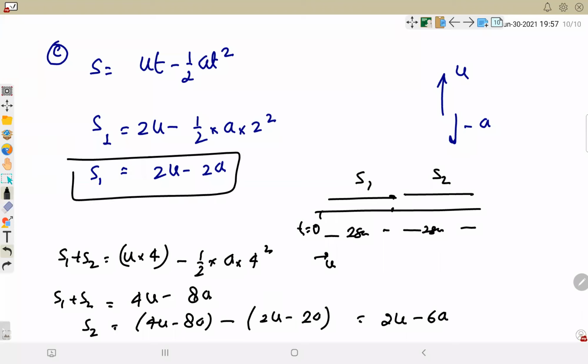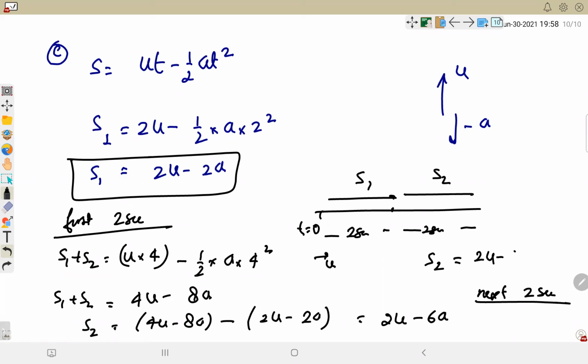S1 is 2u minus 2a and S2 is 2u minus 6a. The first 2 second journey displacement is 2u minus 2a, and the next 2 second journey is 2u minus 6a. So which one is greater? Quite obviously minus 2a is greater, so S1 is greater than S2. That will be the answer, which is option C.